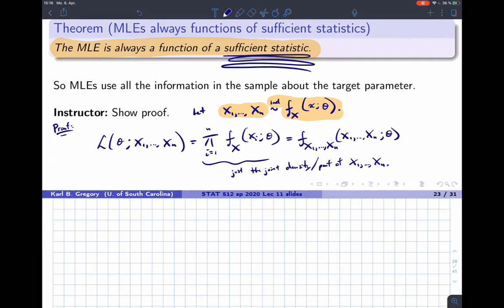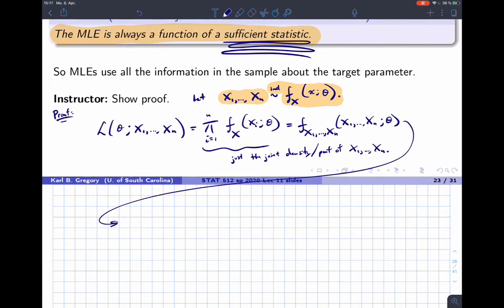And we have to think back to how we showed that a statistic was sufficient or how we found sufficient statistics. We used a theorem called the factorization theorem.